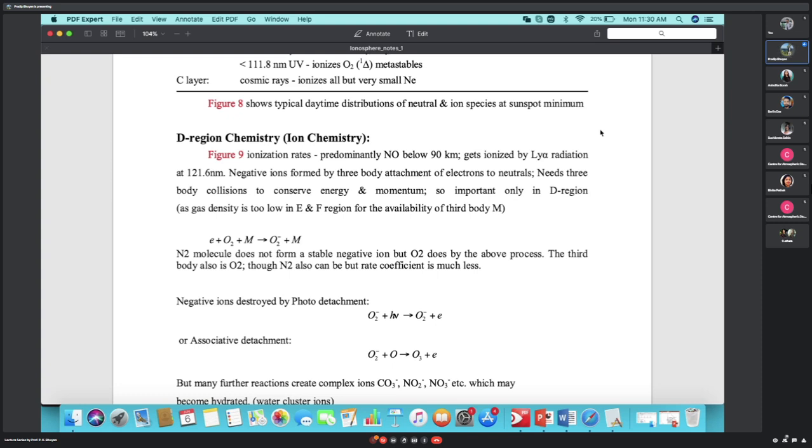Now we know that these layers have different ionizing radiations, and the density of the neutrals varies with altitude. Therefore, from this combination of different neutrals as well as different ionizing radiation sources, you get the layers. How it unfolds, we will discuss tomorrow.